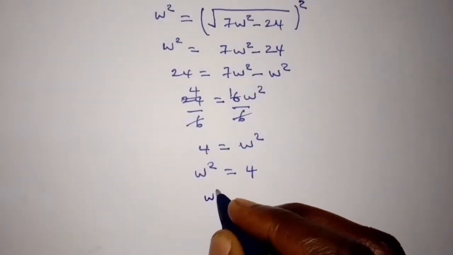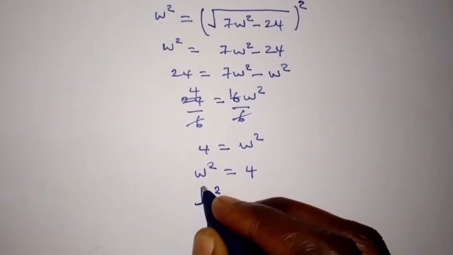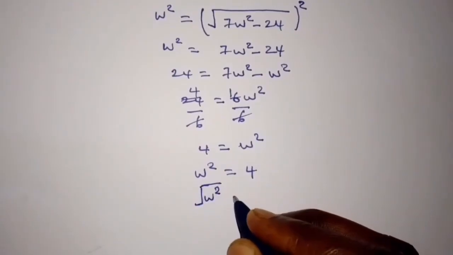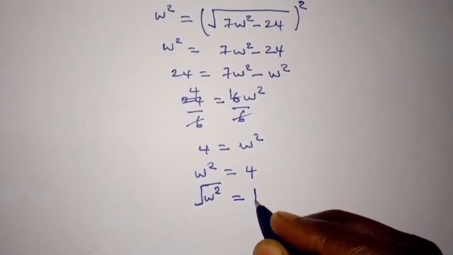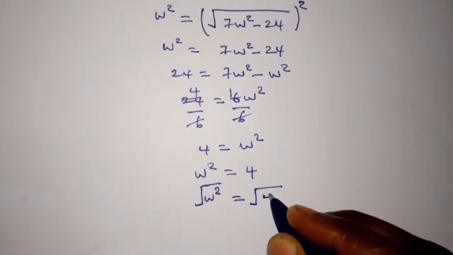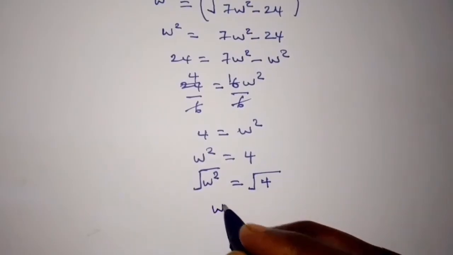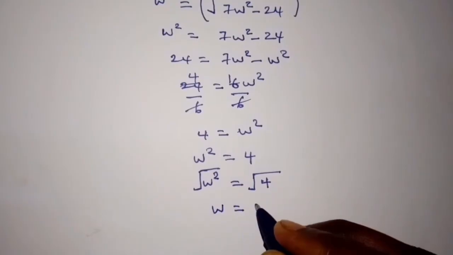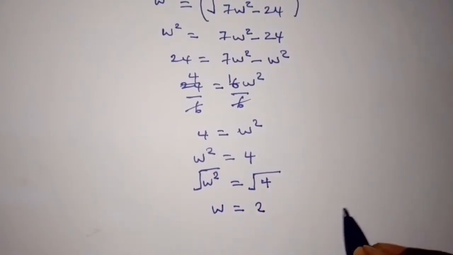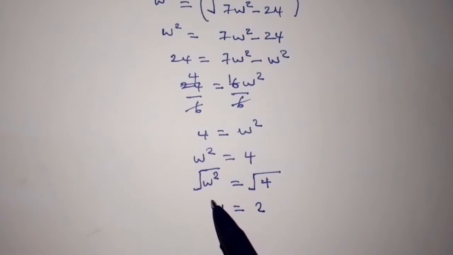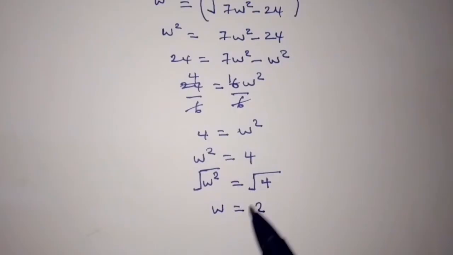Square root of W squared is equal to square root of 4. So the square root of W squared is W. Square root of 4 is 2.